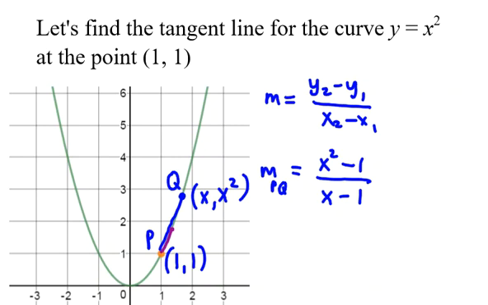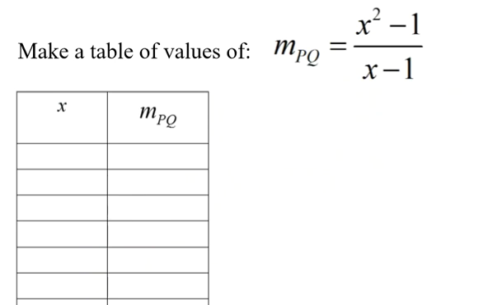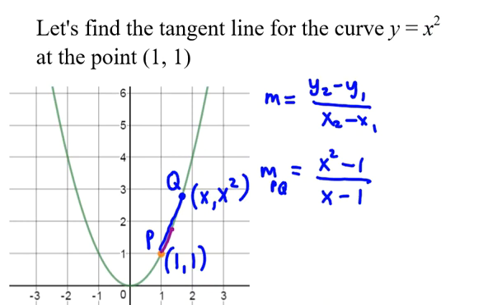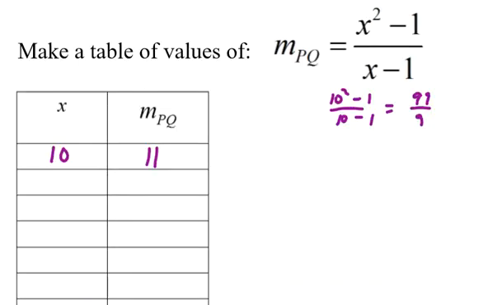So if I evaluate for assorted values of x, let's say starting at 10, our slope would be 10 squared minus 1 over 10 minus 1. So you get 99 over 9, which is 11. But that is very far away. So let's move closer.